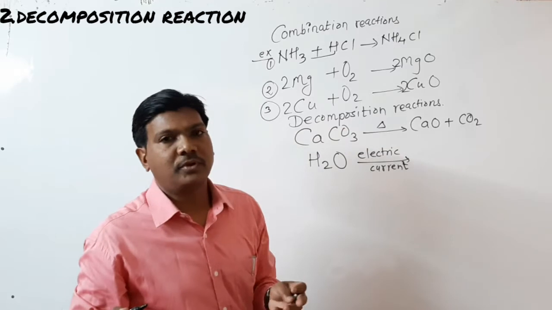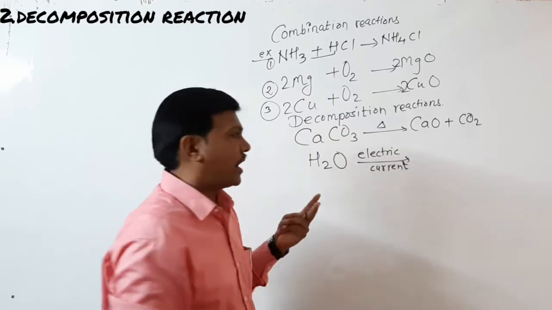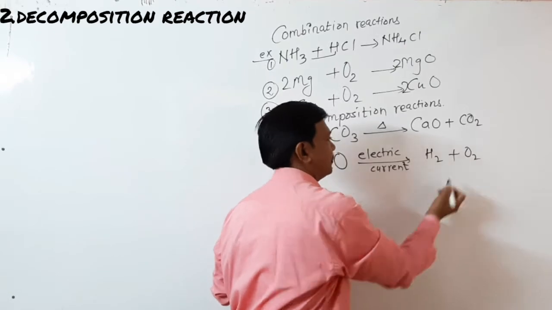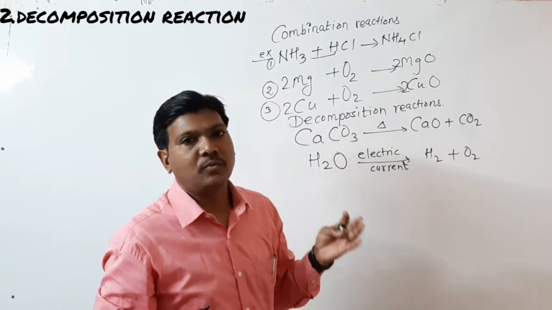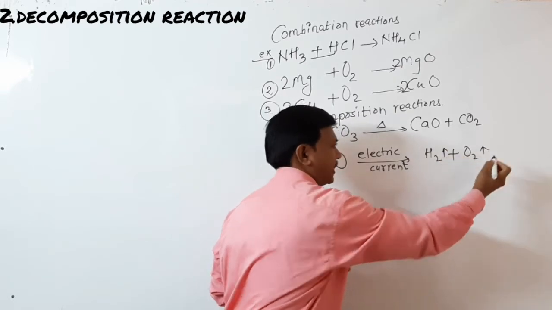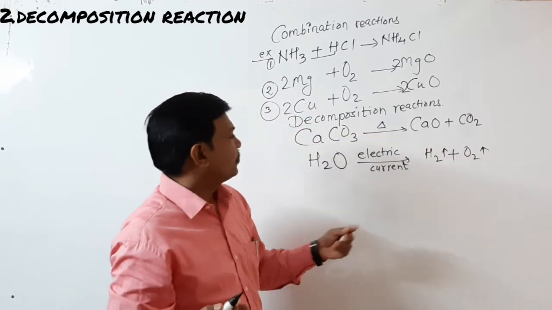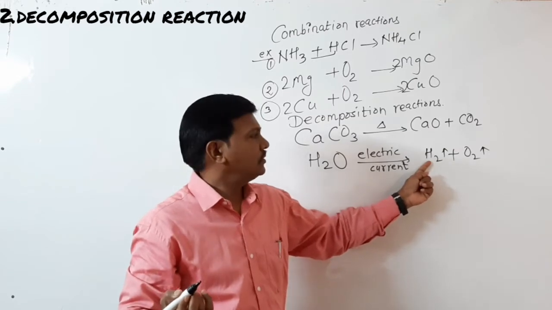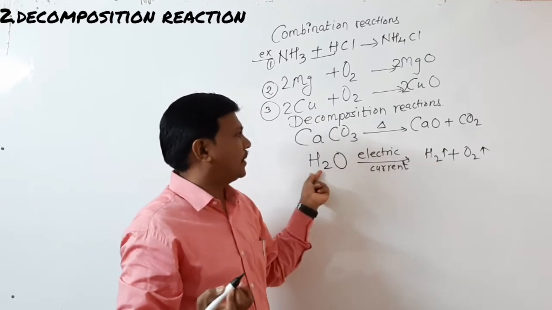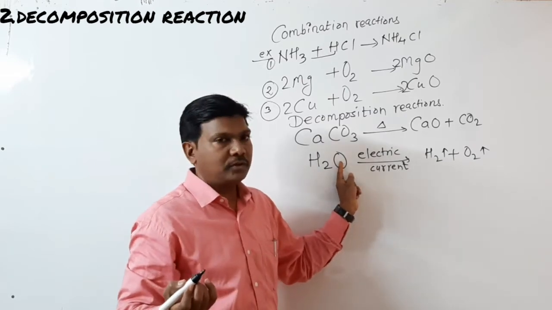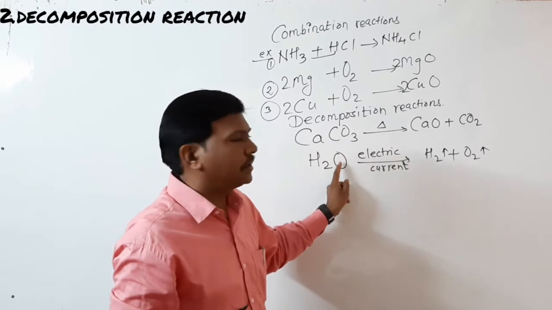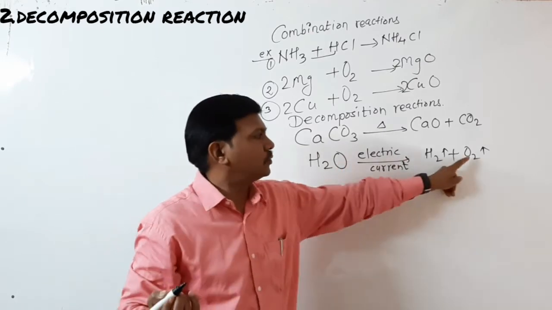At that time its two products are hydrogen and oxygen, and both are gases, so we give an upward arrow. Then see balancing. Here hydrogen is H2, balanced, but oxygen here it is 1, number of oxygen atoms is 1 and here 2.